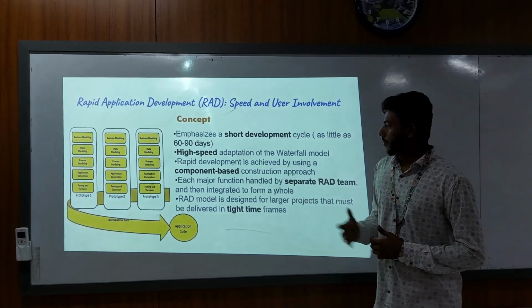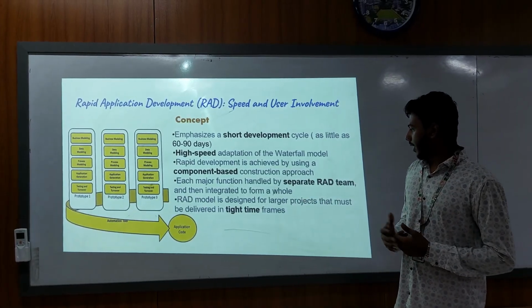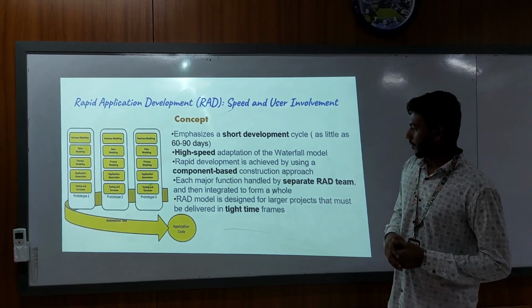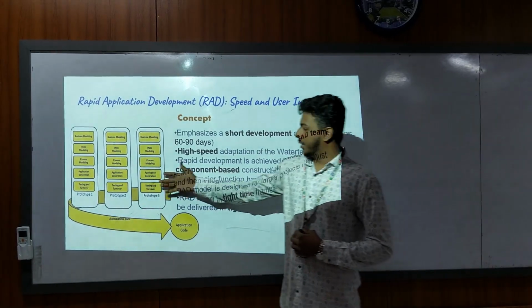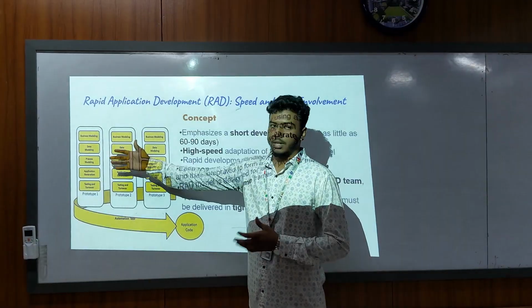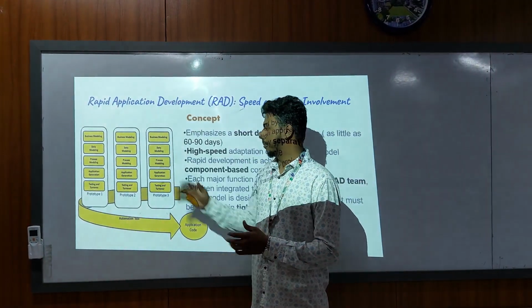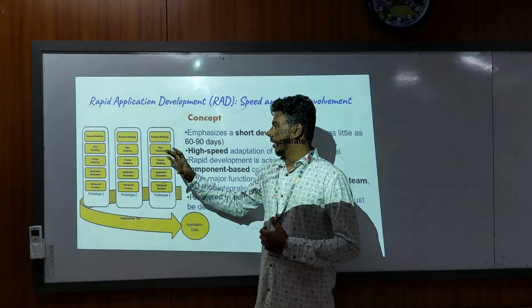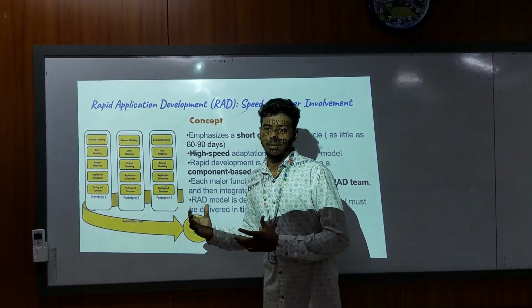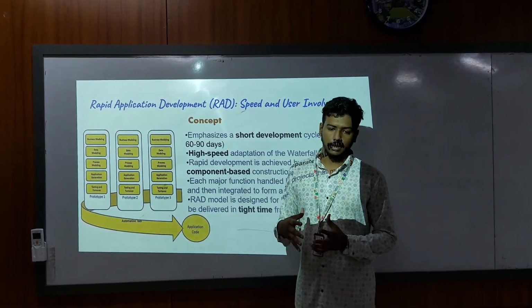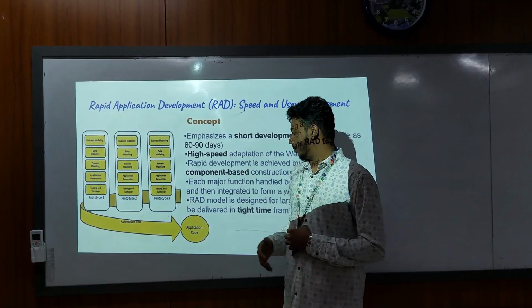Each major function is handled by a separate RAD team and then integrated to form a whole. Here you can see this is the whole project. We have divided the project into some RAD models, each RAD team will develop each sector, and lastly we will add them together as a whole.